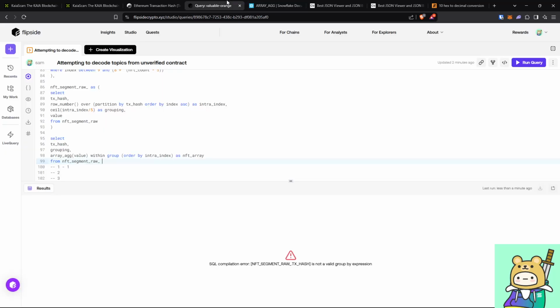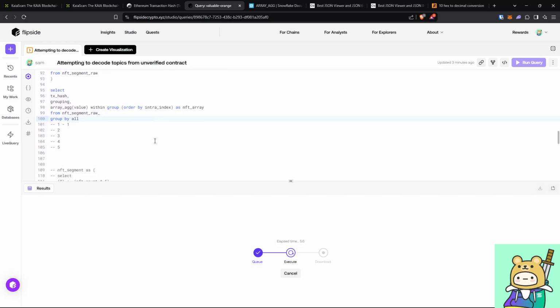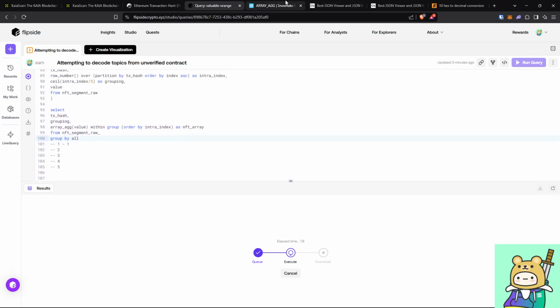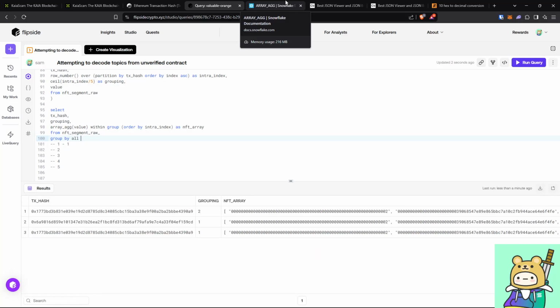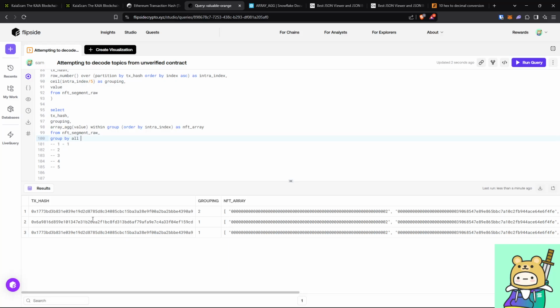Array aggregate value within group followed by index. Do I need a group by? Oh, okay, cool. That works.